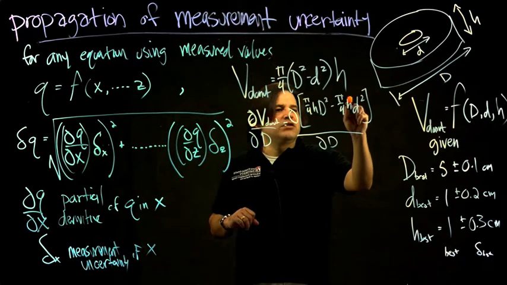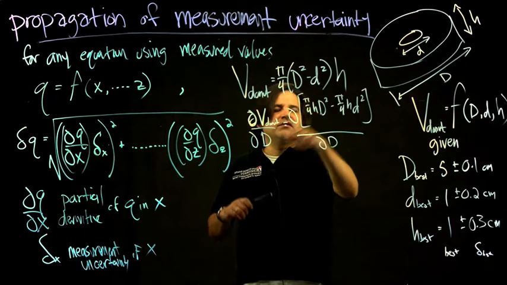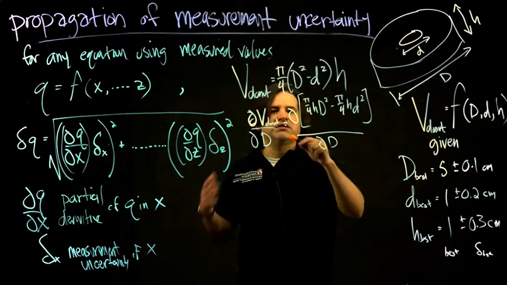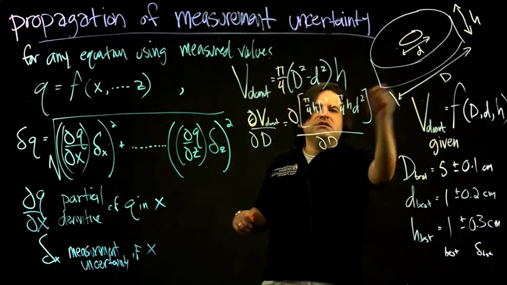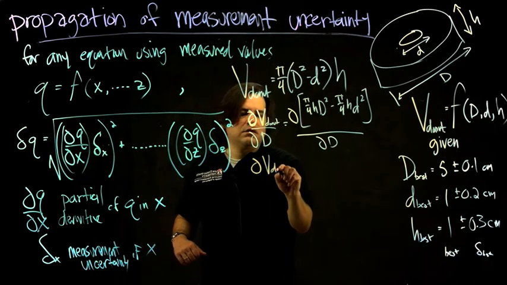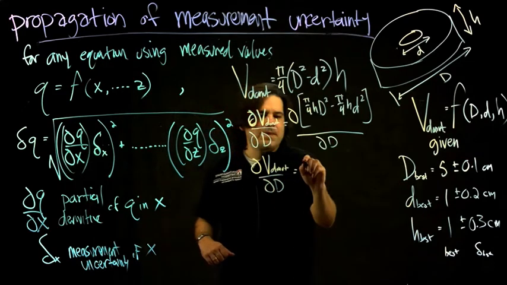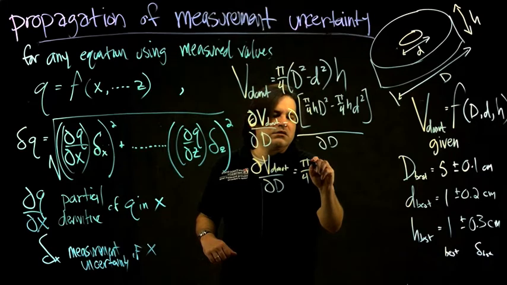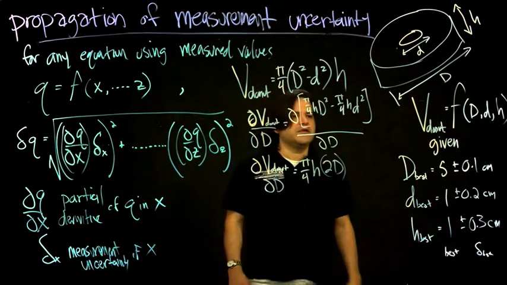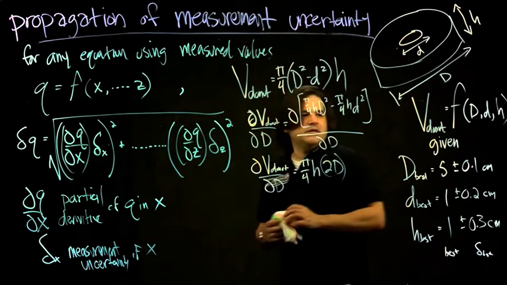If that's the case, the derivative of this is 0. The derivative of this is this constant times the derivative of d squared. What's the derivative of d squared with respect to d? 2d. So this is 0, and you get a new function equals pi over 4 times h times 2d. That's the partial derivative of the volume of the donut with respect to big D.